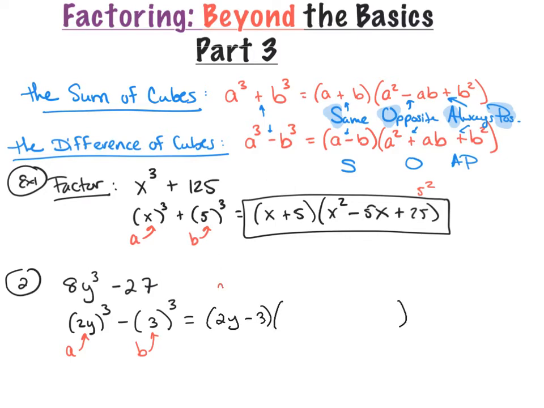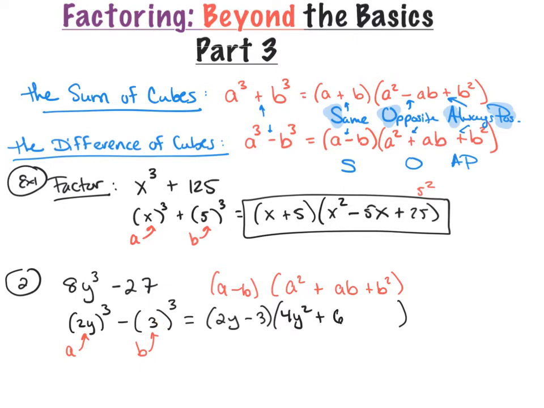Let me write the formula. A minus b, a squared plus ab plus b squared. So a squared, I'm going to square everything. I'm going to square the 2 and square the y, giving us 4y squared. Plus their product, a times b is 2y times 3.